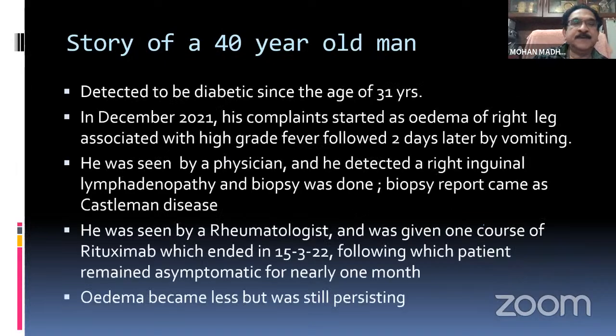Everything in this is important. Non-diabetic. The complaint started in December 2021 as edema of the right leg with fever. At that time, the physician detected right inguinal lymphadenopathy and the biopsy came as Castleman's disease. Rituximab was given and edema became worse.